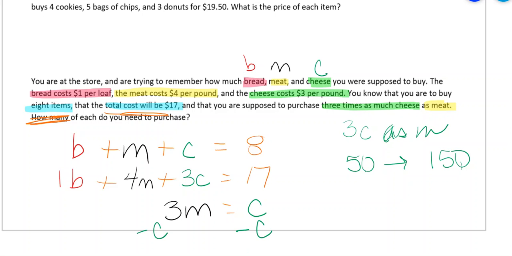So my actual equation would be 3m minus cheese equals 0. And this would be the equation that I use for my matrices.